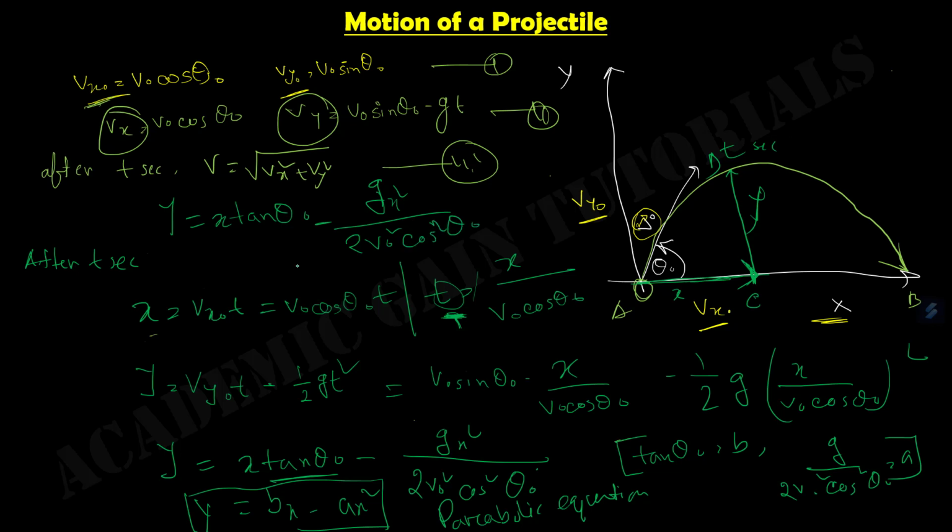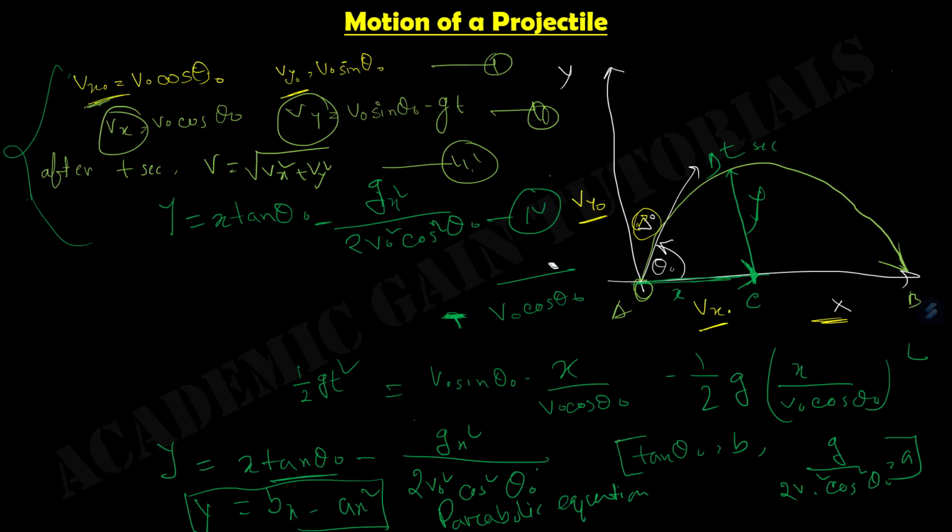By that equation, after t seconds, we can find out how high up our projectile is. So these four equations are very important in the motion of a projectile. We should remember these four equations. Besides these four equations, there are more things we have to remember.